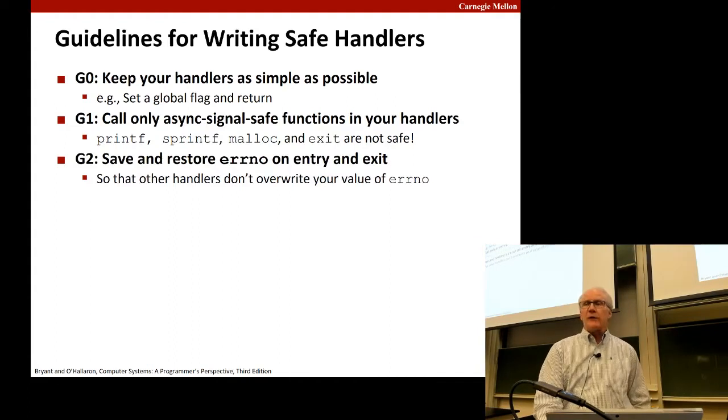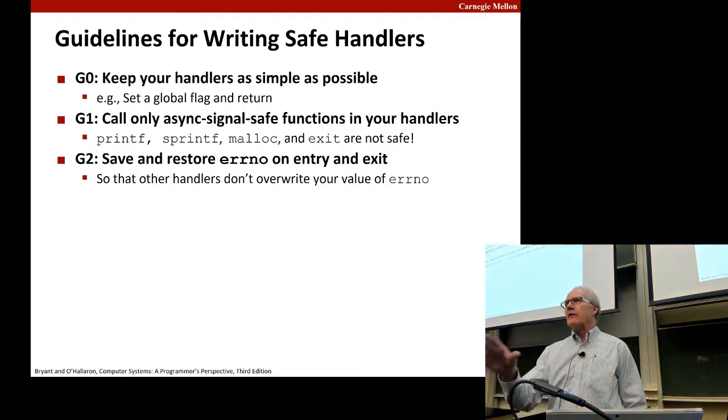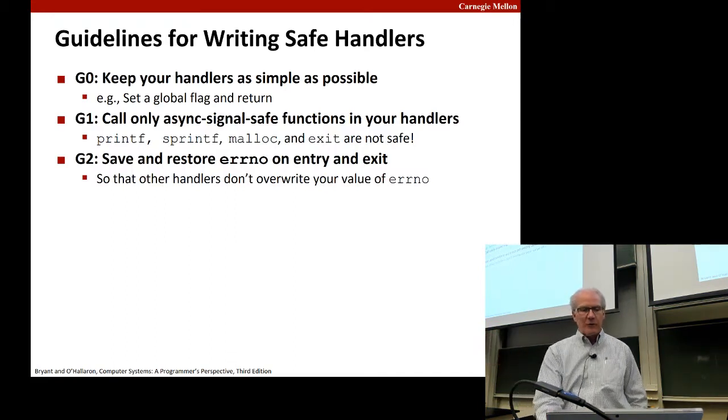The other is that there is a global variable called errno, which is used to pass information if an error occurs in a system call. You're supposed to save that when you start the signal handler and restore it back, because remember, any global variable that the signal handler accesses and changes will be permanently modified when the signal handler returns.